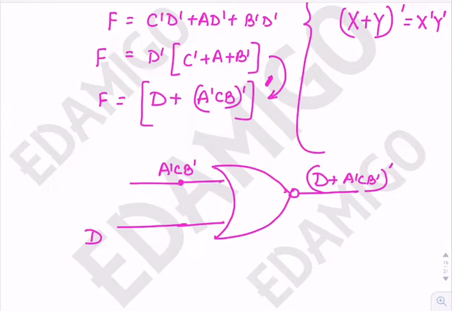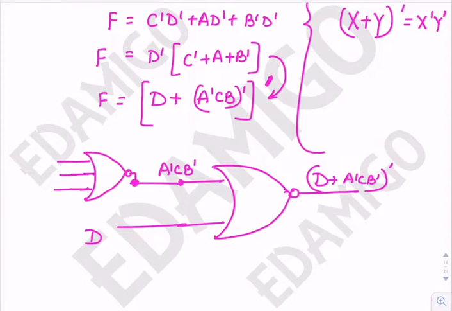Now since in the question it is given that the complements as well as the original inputs are available, we will use a NOR gate here, and here we need A bar C B bar.